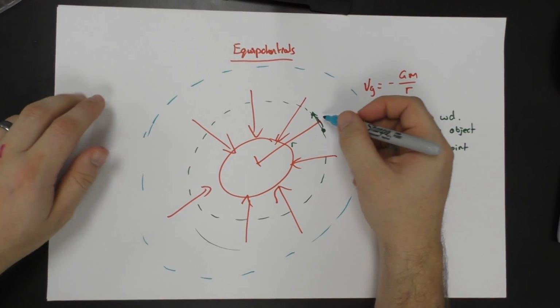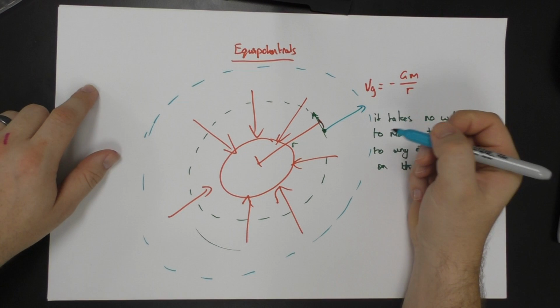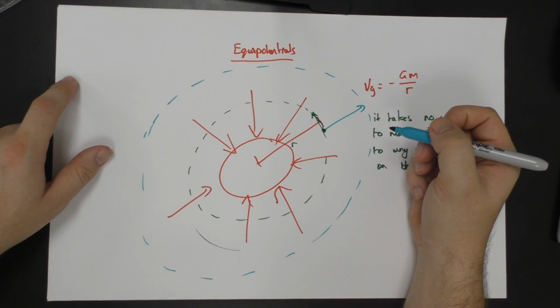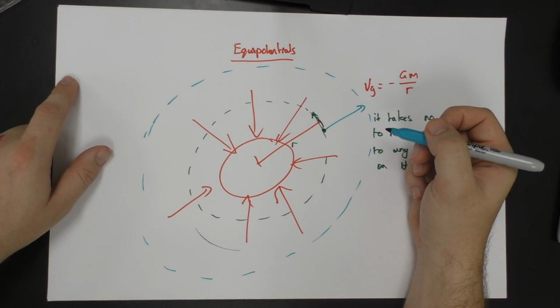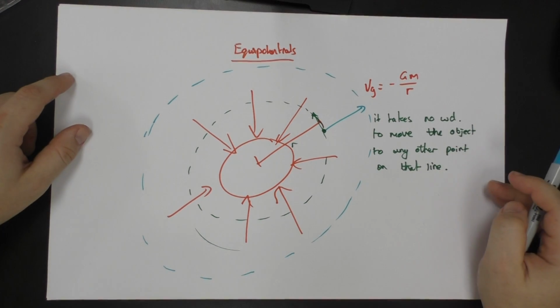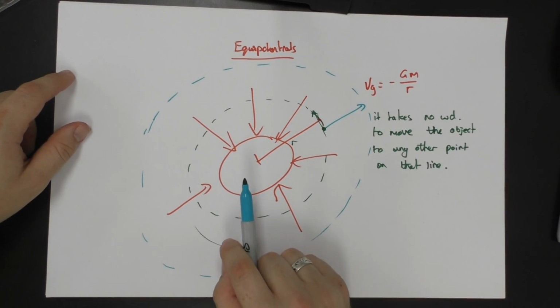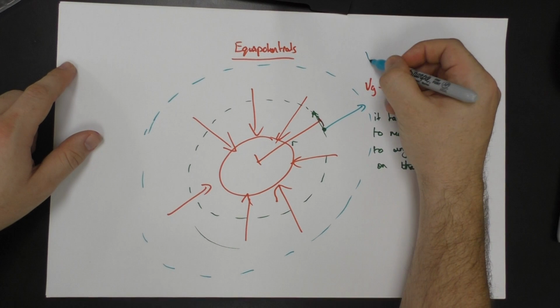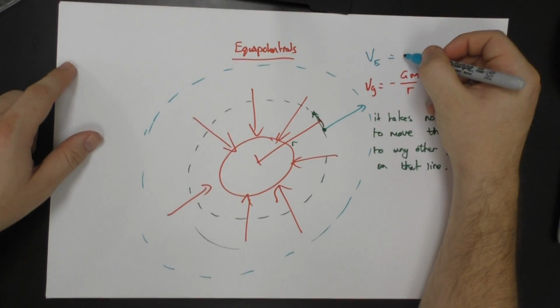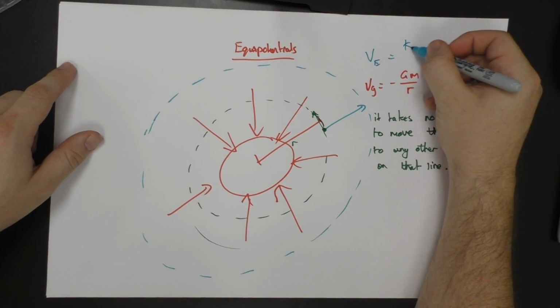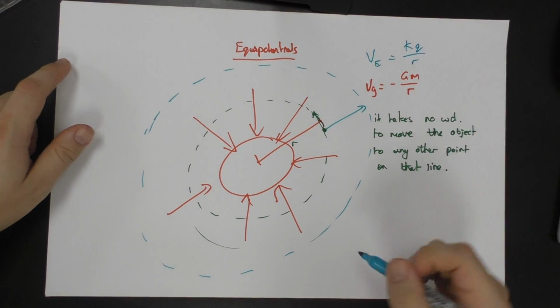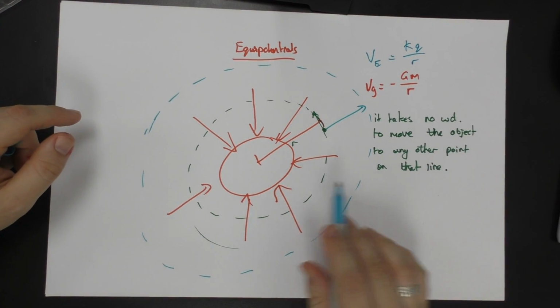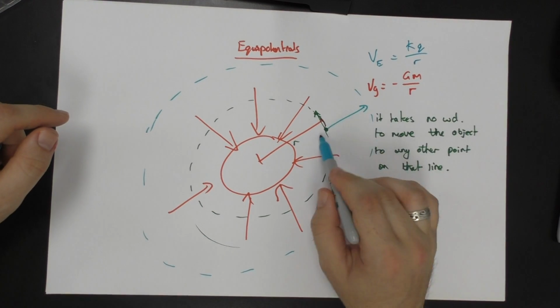Well, it's going to take work in order to move it from one equipotential to another. And that's all there is to know about equipotentials. They work exactly the same for gravitational as they do for electric. So here's the electric one, kq over r. And so it takes work to be done to move them from potentials.